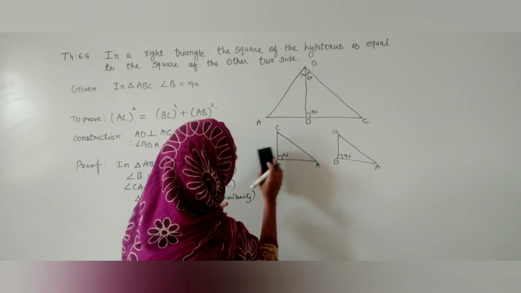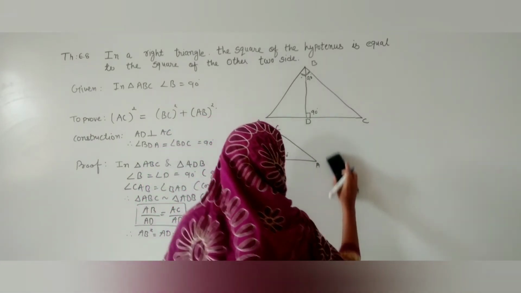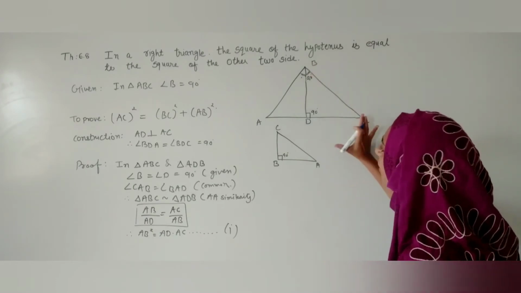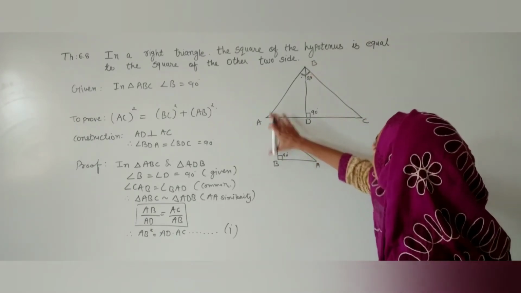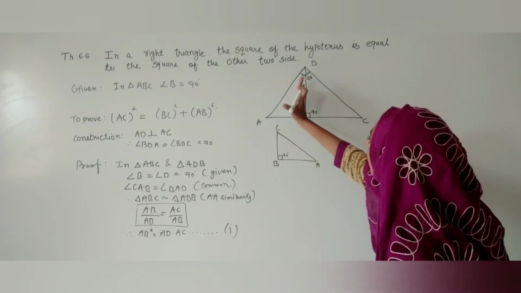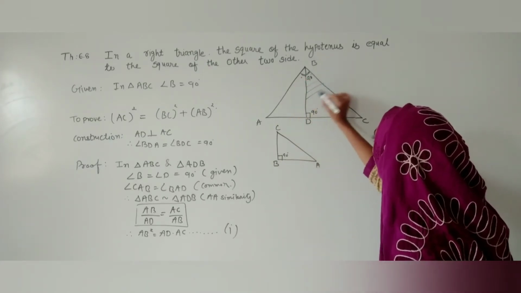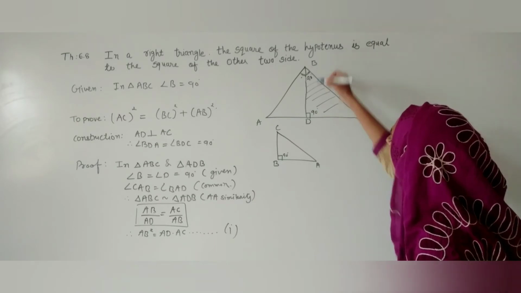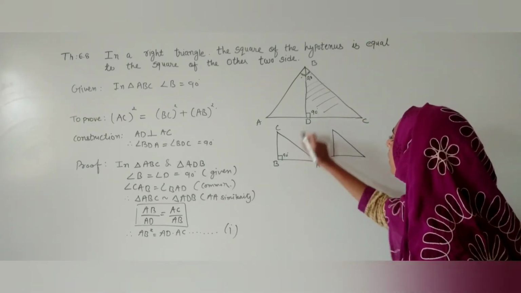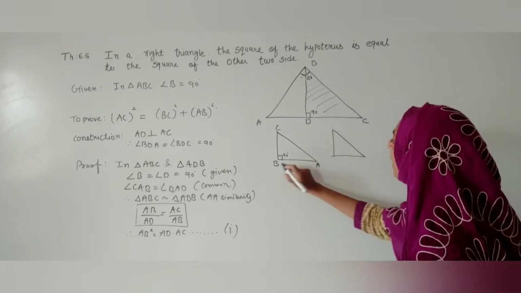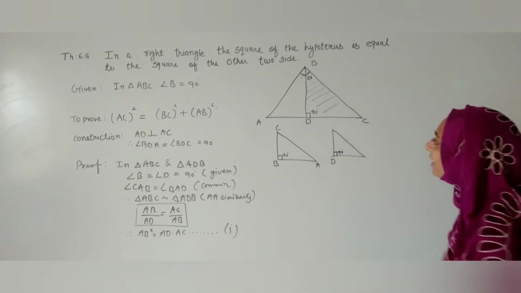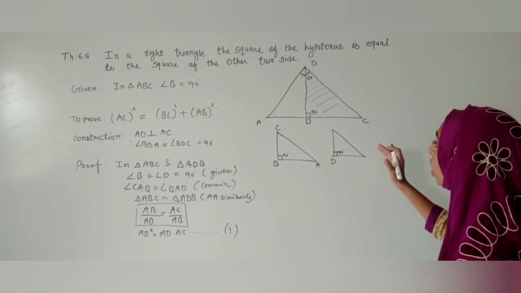Now let me rub this small one, because in the second one we have to take this figure ABC as it is. But right now we are not talking about this. Now we will talk about this figure, triangle BDC, so let me draw it again. As I told you, here also angle D will be 90. Wherever is D, we write D and mention it as 90 degrees. So what is common in that?